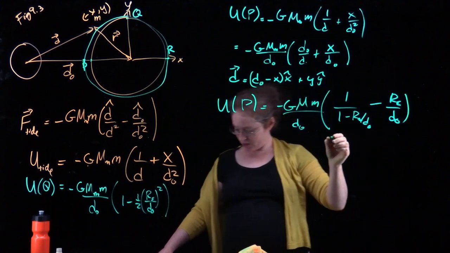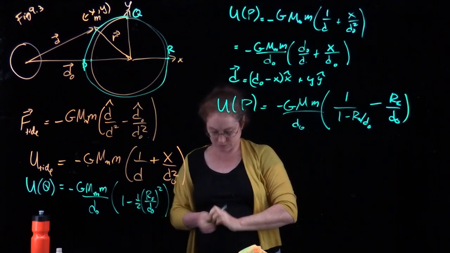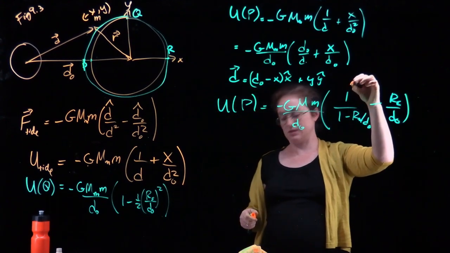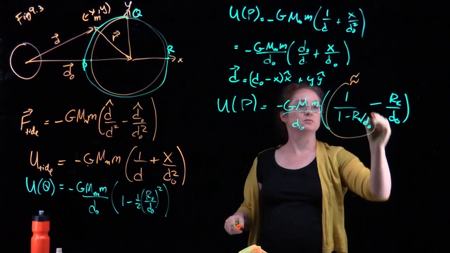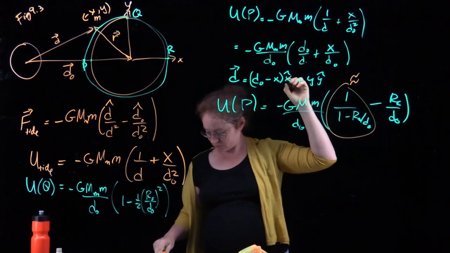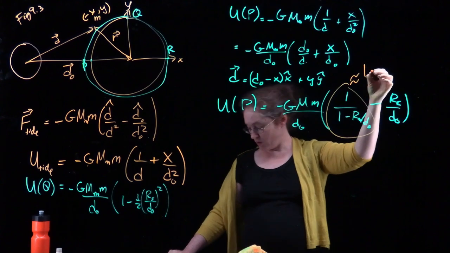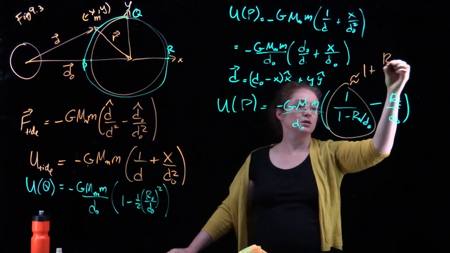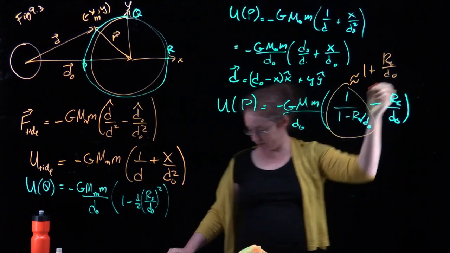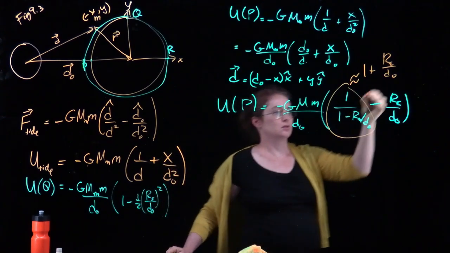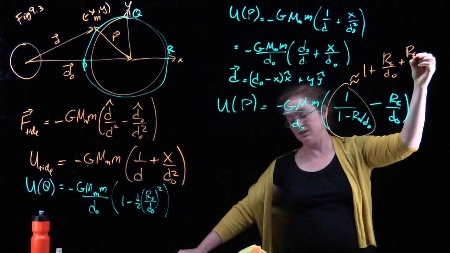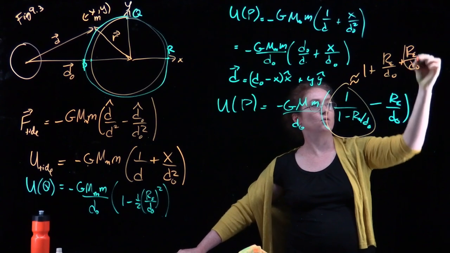And now here, this is approximately 1 plus re over d naught plus re over d naught quantity squared.